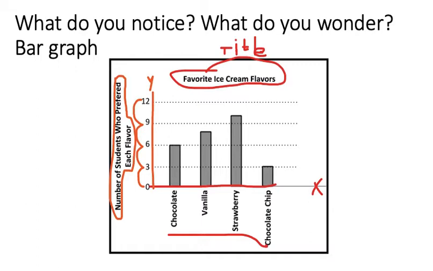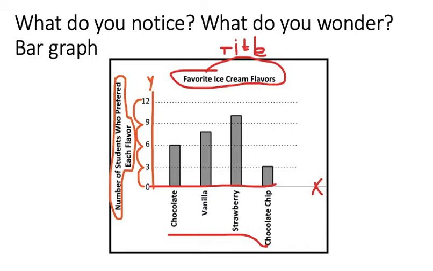But I'm curious to know how many more students, I don't know whose class this is, chose strawberry as their favorite ice cream flavor over chocolate. And I'm curious and I wonder how many students chose both vanilla and strawberry over chocolate. Because I don't believe it. This is bananas. Maybe you can solve this at home.